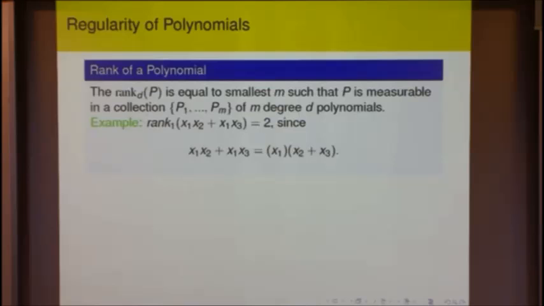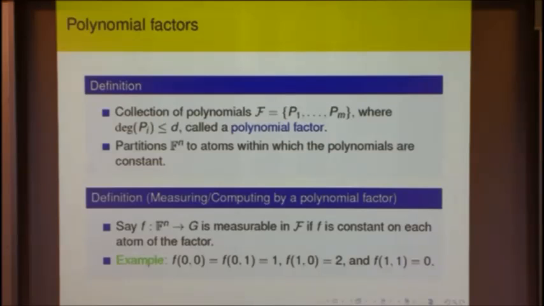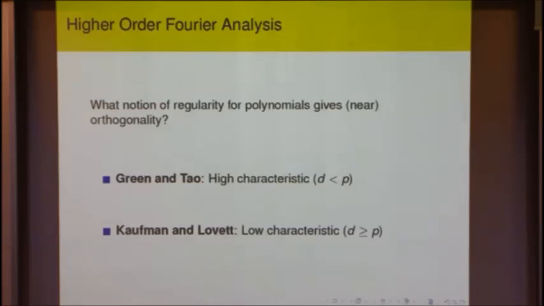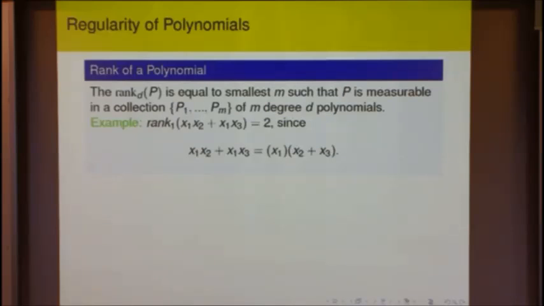Now recall what we are trying to do. We are trying to define the notion of regularity for a collection of polynomials which assures that these polynomials are nearly orthogonal to each other.